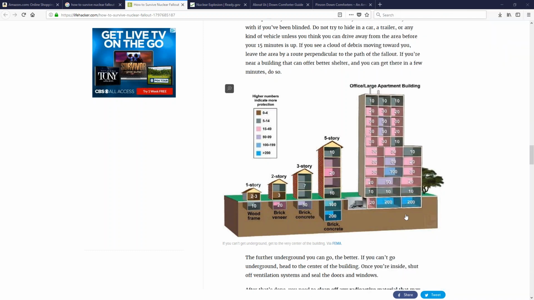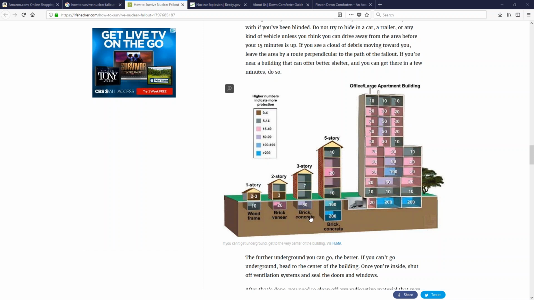So I know that the basement and interior rooms right here and right here are more protected than the outside areas. So essentially, a pretty small house, even down in the basement, is really not going to offer a lot of protection.